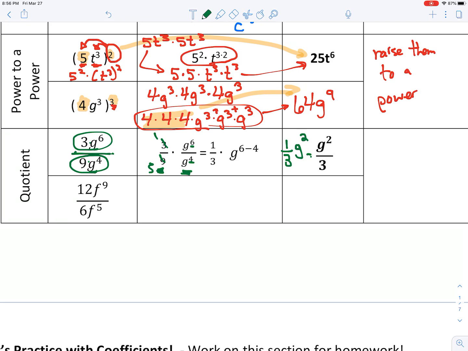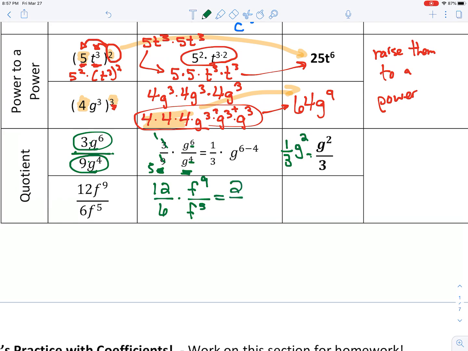12f to the 9th over 6f to the 5th. I treat them separately. Know that you can separate them, but they're still going to be combined in the end. 12 over 6 and f to the 9th over f to the 5th. 12 over 6, hey, that's just 2.